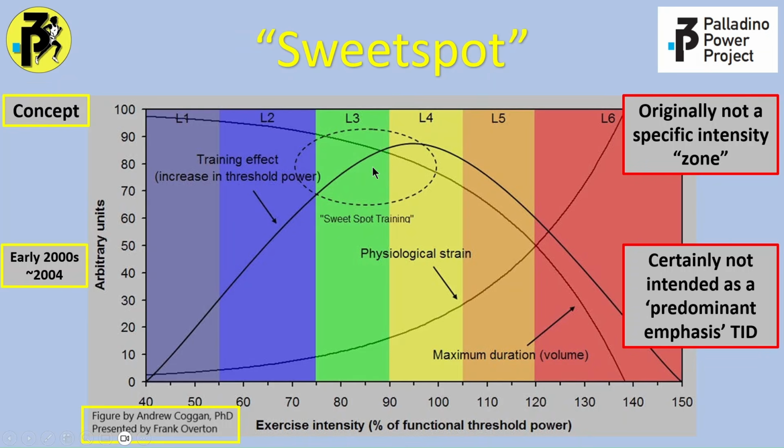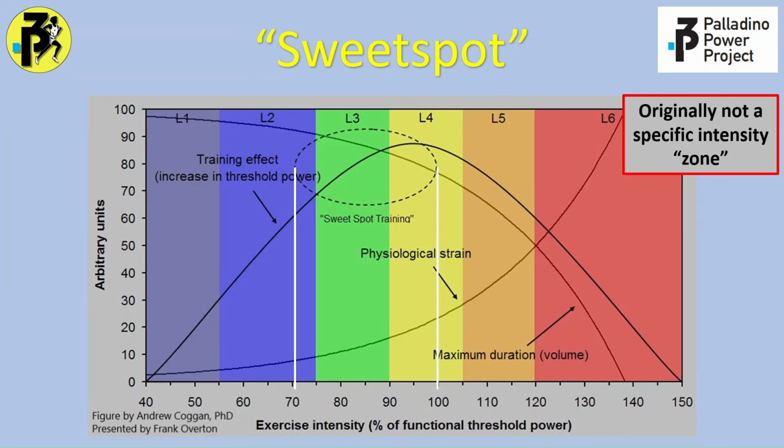It's evolved from a concept to some people actually putting out specific training intensities. And let's talk a little bit more about that. So you can see this original diagram ran from about 70% of FTP-CP up to 100%. Pretty wide zone or intensity domain. That's how the diagram was originally put out.